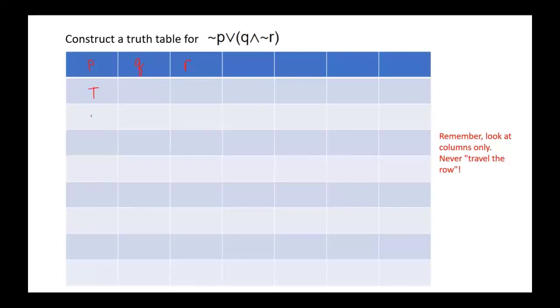So right now, I'm going to fill out all the possibilities for P, Q, and R. I'm going to take 3 of these to be true, and then 3 of them to be false for my first one. Oh, it should have been 4 and 4. I knew it should be half of it, because what I'm filling out here is all the possibilities for P, Q, and R if you have 3 statements.